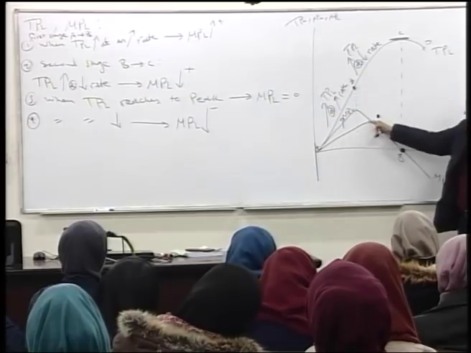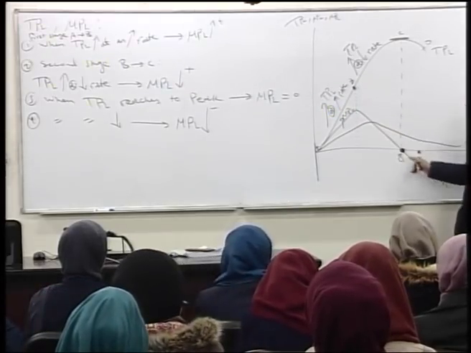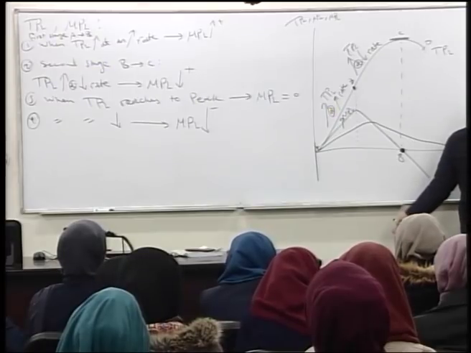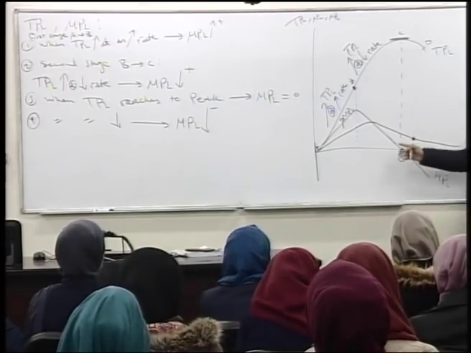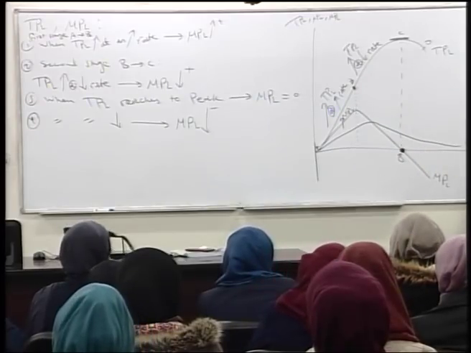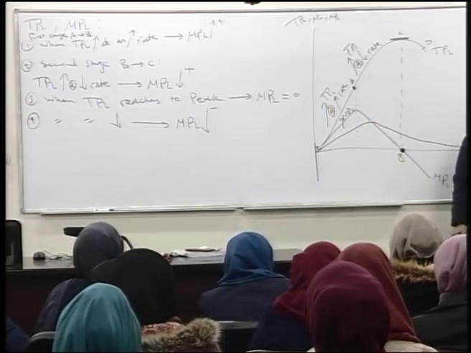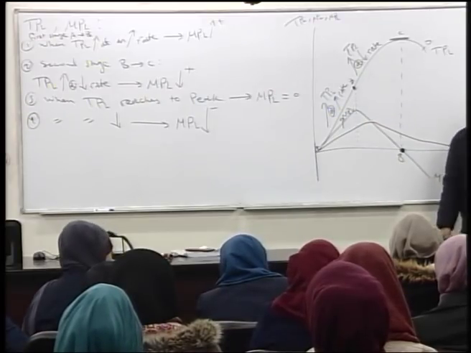This is the average production of labor, APL, and MPL. Where is the cross between APL and MPL? At the highest value of APL, at the peak of APL. Okay?